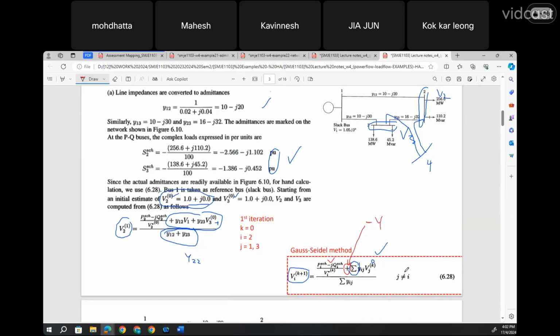Maybe you might find it confusing. But if you follow the Hadi Saadat book, please follow the technique that the book suggests. So now the book suggests that we use plus over here, and you must use small y in your calculation.